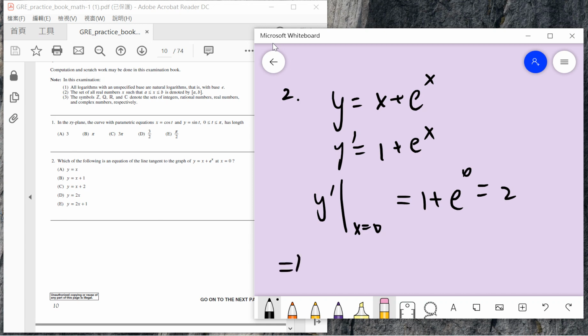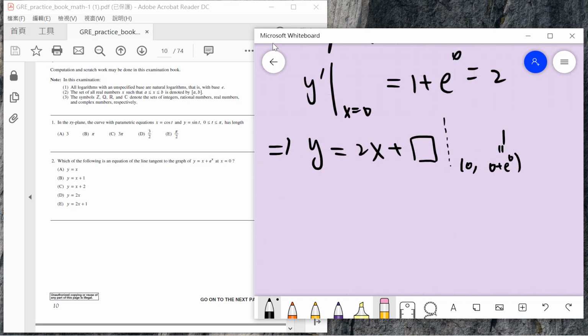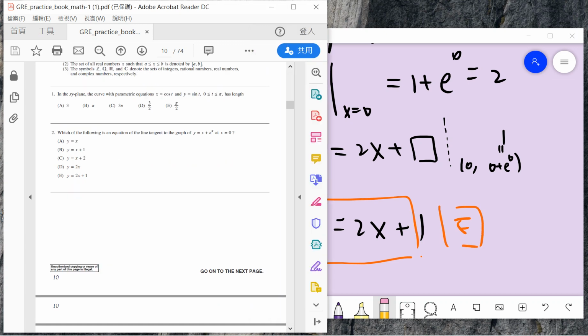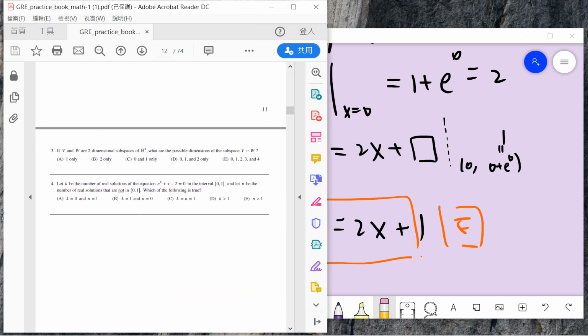So you need y equals 2x plus something, and then you plug in the point at x equals 0, where y is 0 plus exponential 0, which is 1. So the line is y equals 2x plus 1. Choose E. Simple enough.